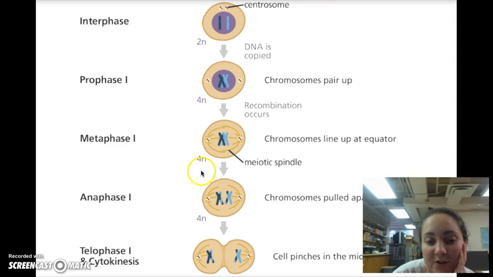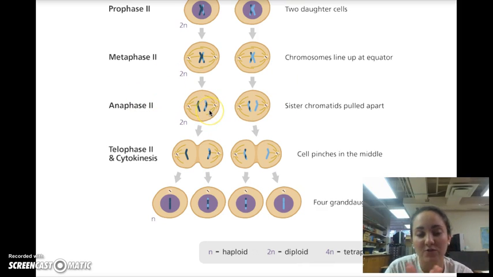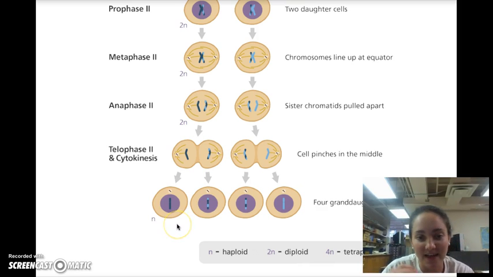Then your homologous chromosomes split in anaphase 1 to put you back at 46. And then the sister chromatids split in anaphase 2. So your two copies split, giving you 4 granddaughter cells that are all genetically different, and that is the basics of meiosis.